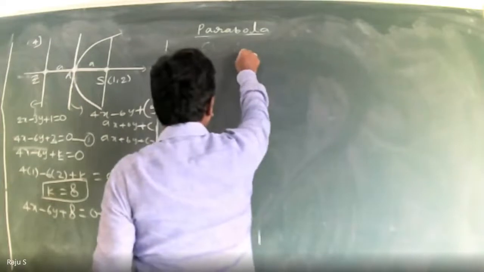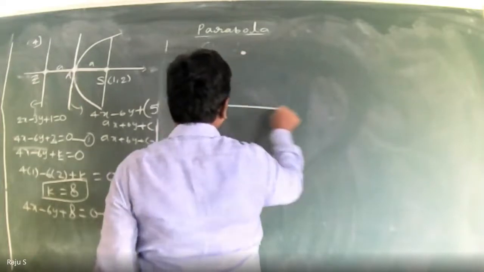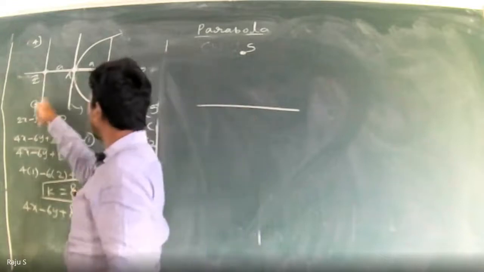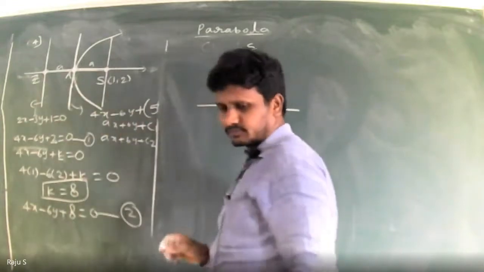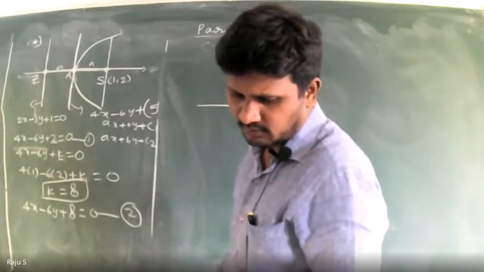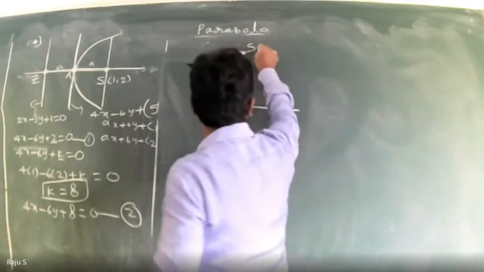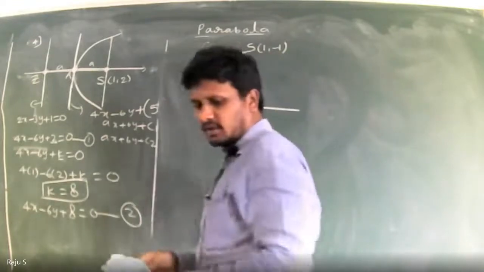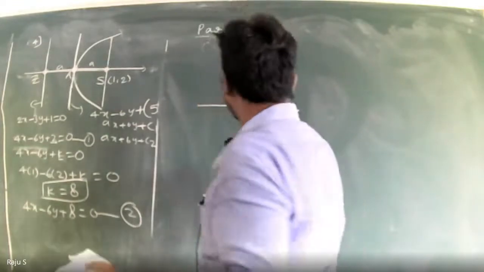Focus is given, directrix is given. I'm taking focus as S and this line as the directrix. Fifth question: the focus is 1 comma minus 1, and the directrix equation is x plus y plus 3 is equal to 0.